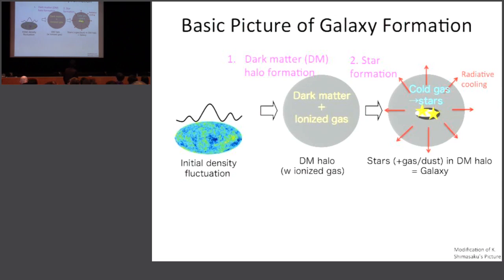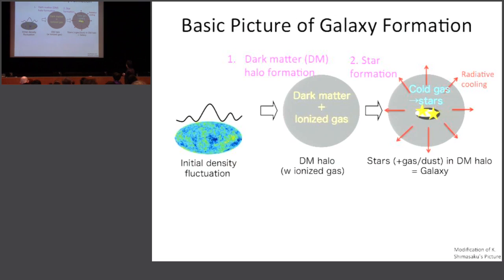The basic picture of galaxy formation is something like this, in 2 stages. Starting from the initial density fluctuations, the structure grows by gravity, forming dark matter halos, virialized dark matter, and then you have a mixture of gas and dark matter in it. This is the first process.